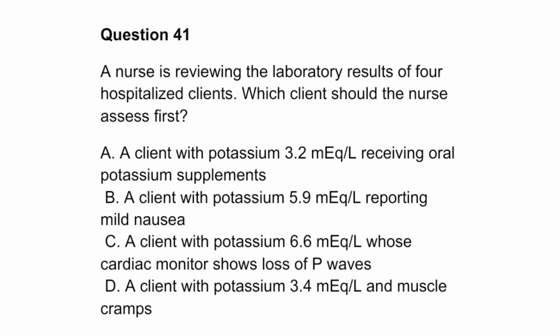B. A client with potassium 5.9 milliequivalents per liter reporting mild nausea. C. A client with potassium 6.6 milliequivalents per liter whose cardiac monitor shows loss of P waves. D. A client with potassium 3.4 milliequivalents per liter and muscle cramps.